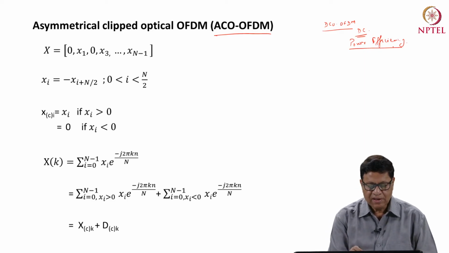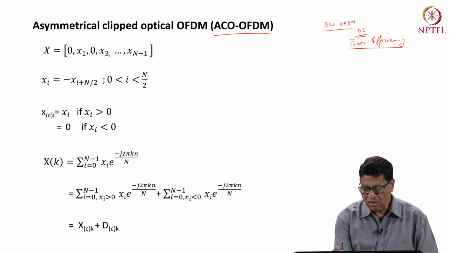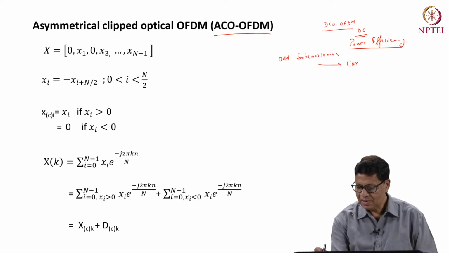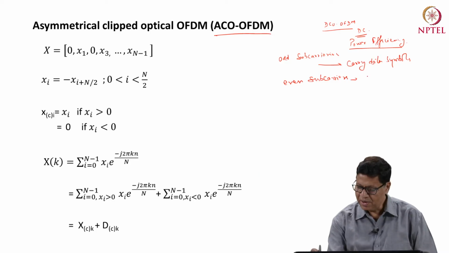So in asymmetrical clipped optical OFDM, you have the odd subcarriers, they carry data symbols, whereas even subcarriers, they form a bias signal.